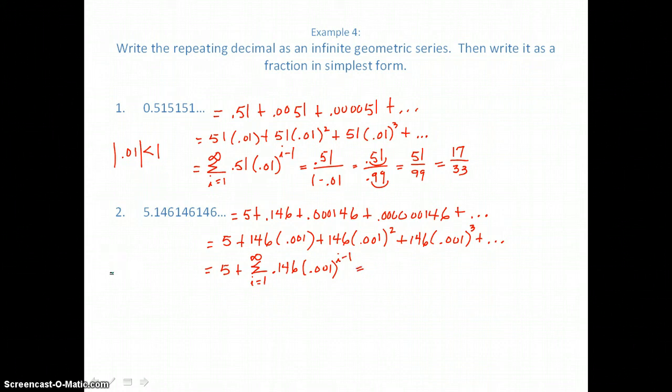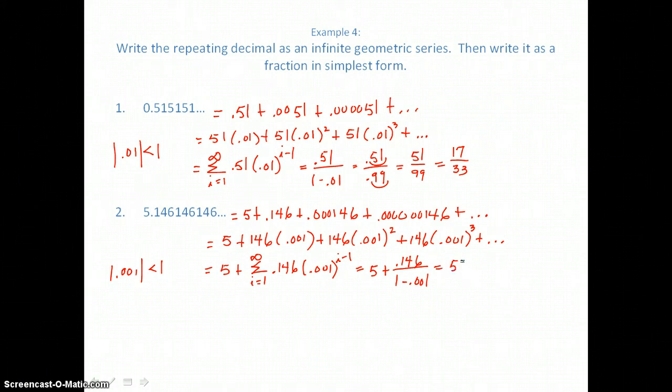Okay, now because the absolute value of 0.001 is less than 1, we can find that sum using our formula again. So we have 5 plus the first term, which is 0.146 over 1 minus that common ratio of 0.001.